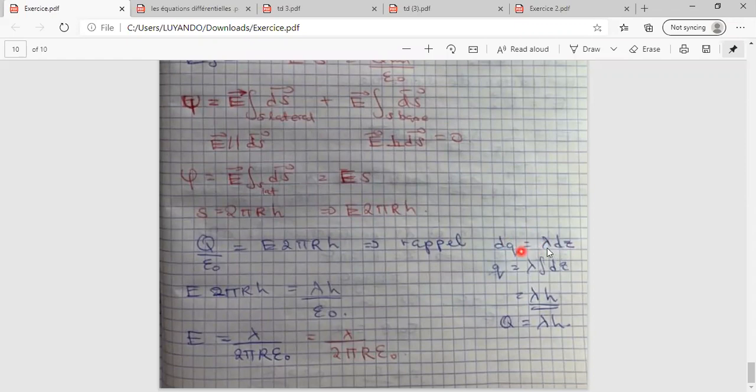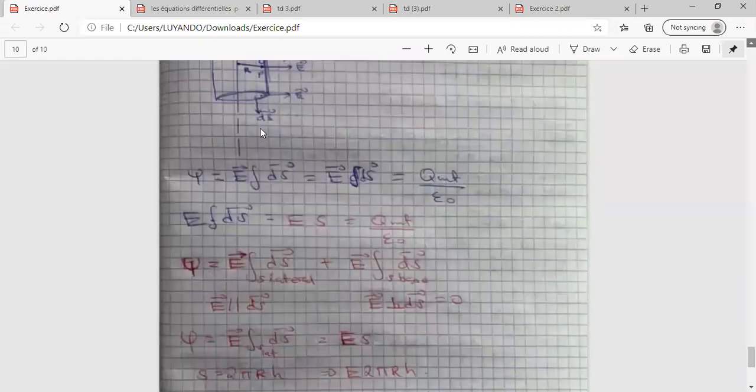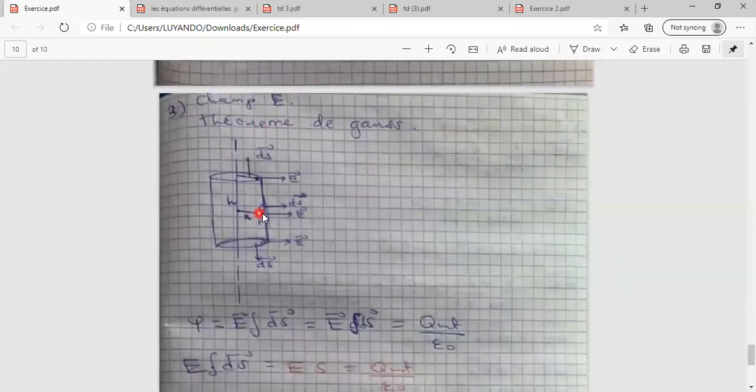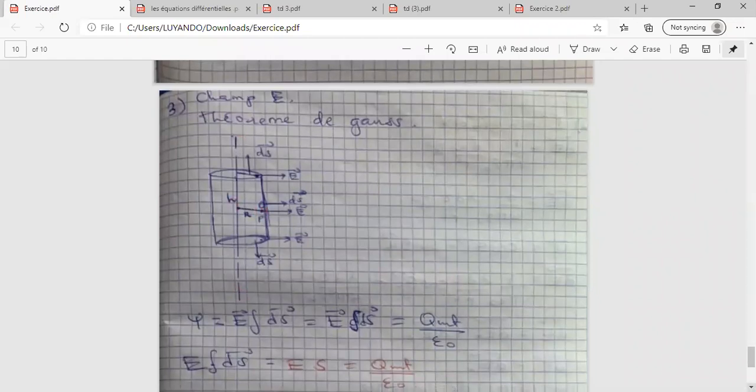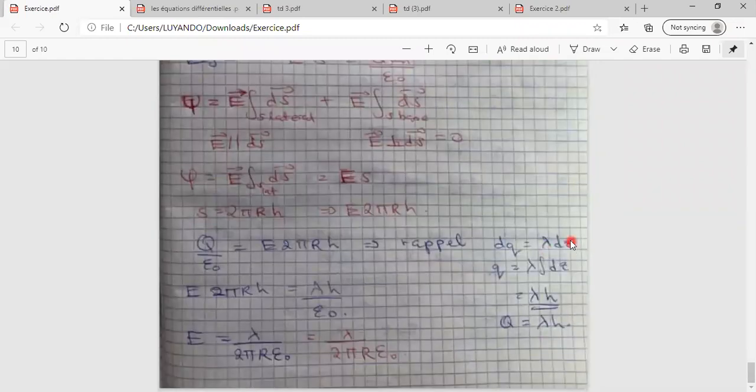If we want to have Q along the line, because we're now trying to find it along this line, we're trying to find the charge at this point P on the surface of the cylinder, but from this wire, we're going to have dq is equal to the constant lambda dz or dl.